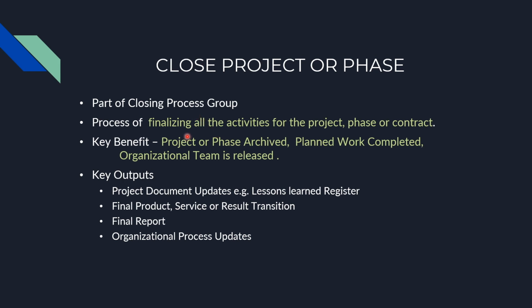Let's archive the project or phase, complete our planned work, and the project team will be released from the project. Key outputs are project document updates, the final product, service or results, the final report, and organizational process asset updates.